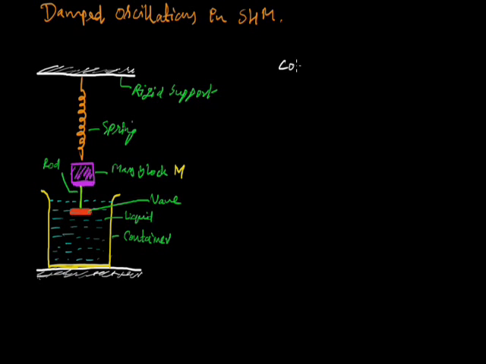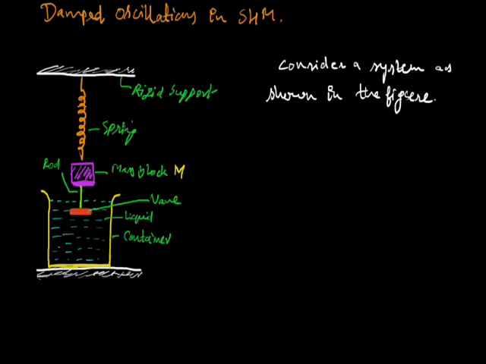First consider a system as shown in the figure. A spring is fixed to a rigid support with one end, and its other end is fixed to a mass block.